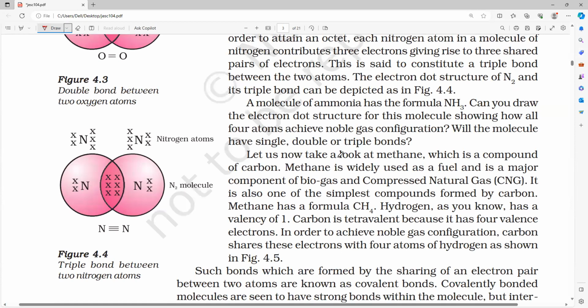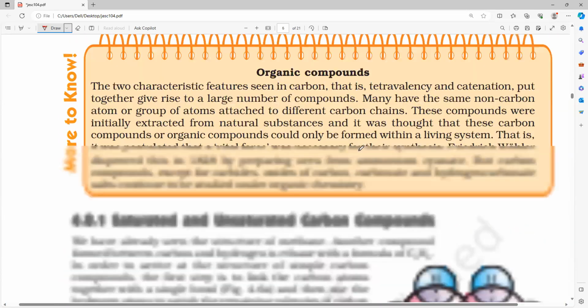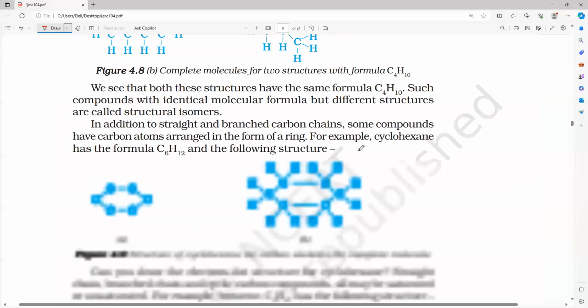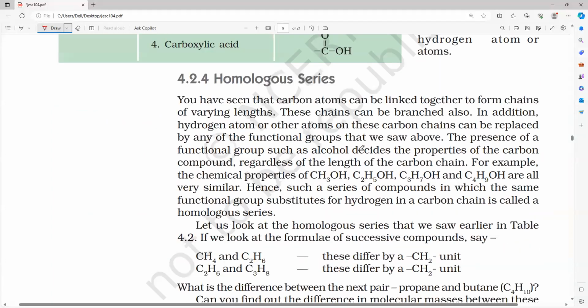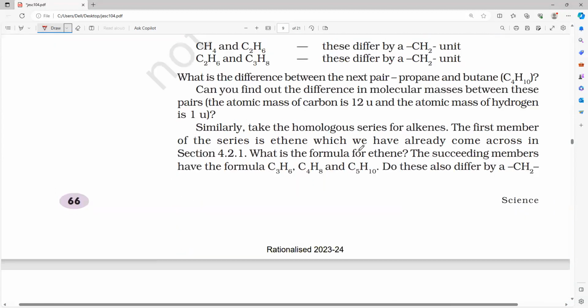That paragraph also you should learn. It is near the functional groups, after functional groups and homologous series.